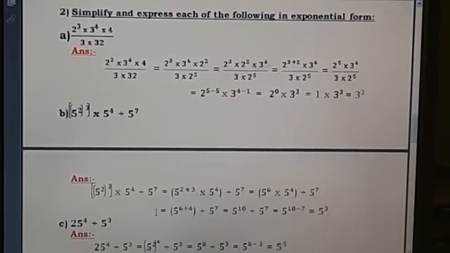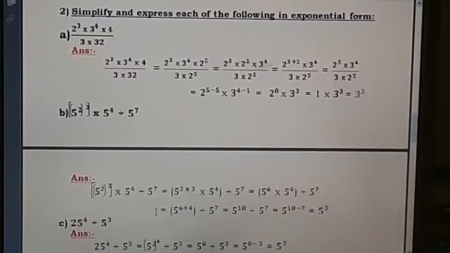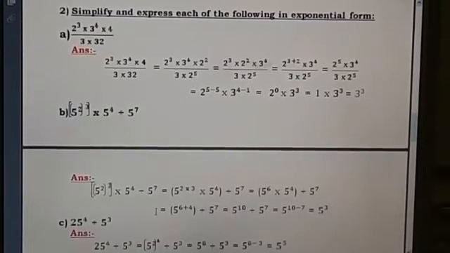The bases are the same, so we use the first law and write 2 to the power 3 plus 2. When bases are same, powers we can add. Next, in the numerator, the remaining 3 to the power 4 we can write as it is.